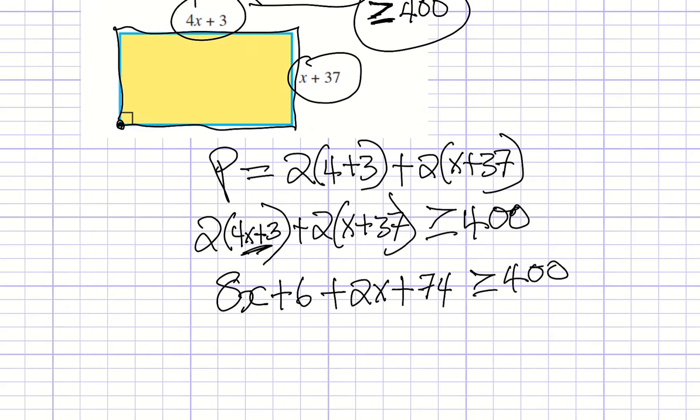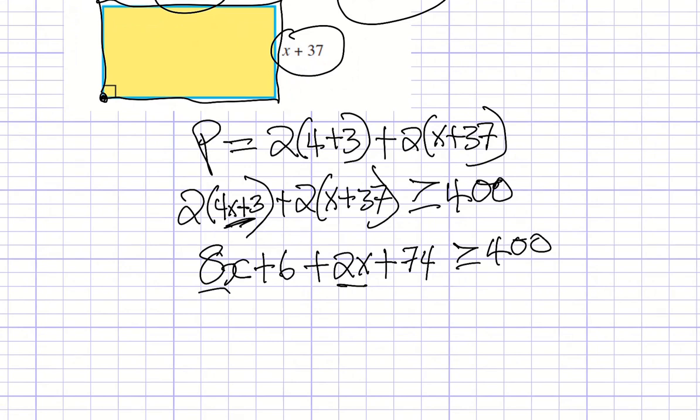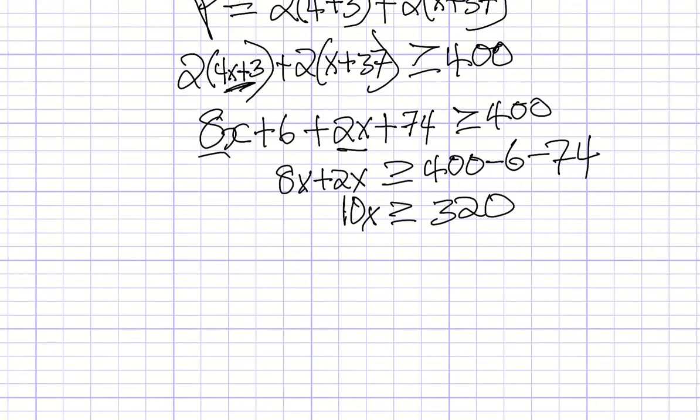Then you collect the x to the left, and move the other terms over there. 8x plus 2x greater than or equal to 400 minus 6 minus 74. You have to simplify that. That's 10x greater than or equal to 320.